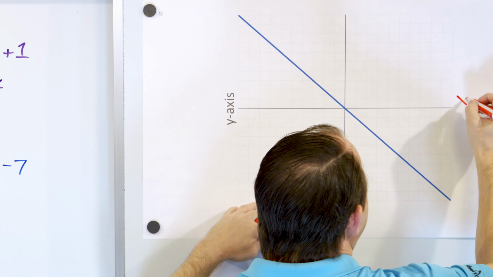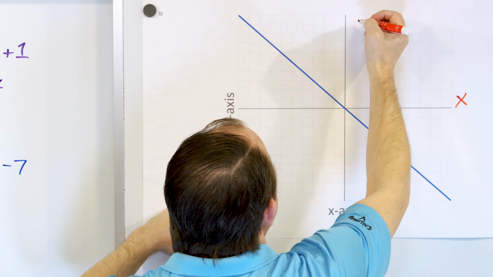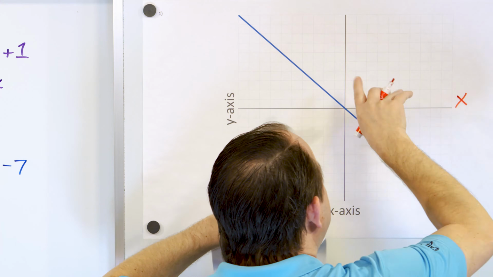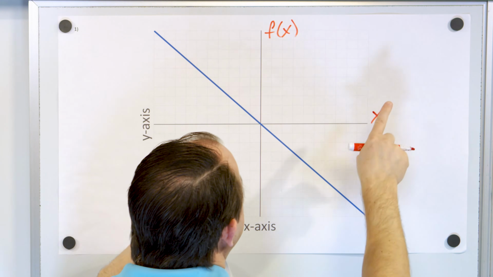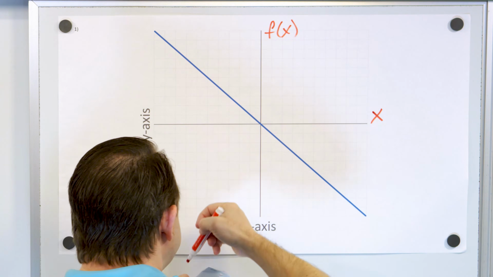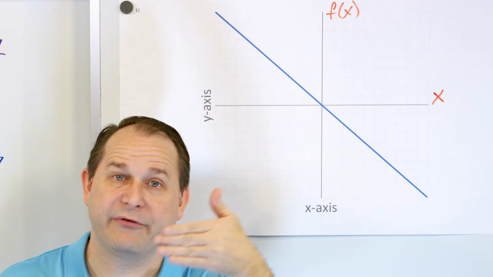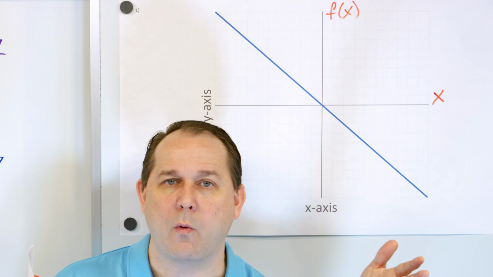The input is the x values, and the output here, normally we put y up here, but when we're growing up a little bit, we start to put the xy graph to the side, and we call it f of x. So instead of graphing x comma y, you're graphing the input x comma f of x. But keep in mind that it's exactly the same thing you already know. You put numbers in the past, we got y values out, we make x comma y, and we plot it.